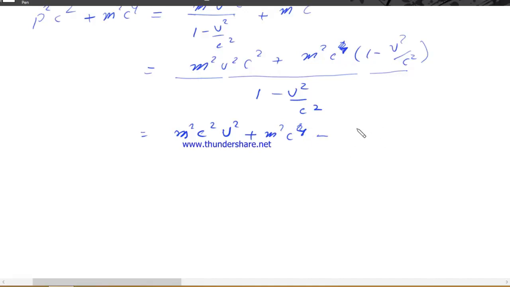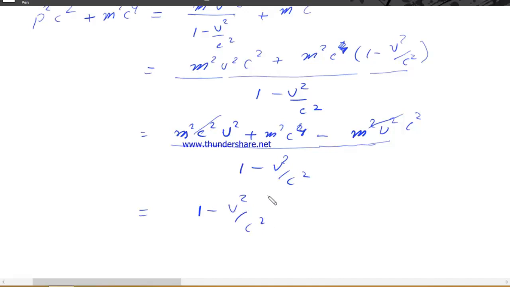Then minus m square v square c square, the c square is cancelled to c^4, whole divided by 1 minus v square over c square, and then these two terms you can cancel.